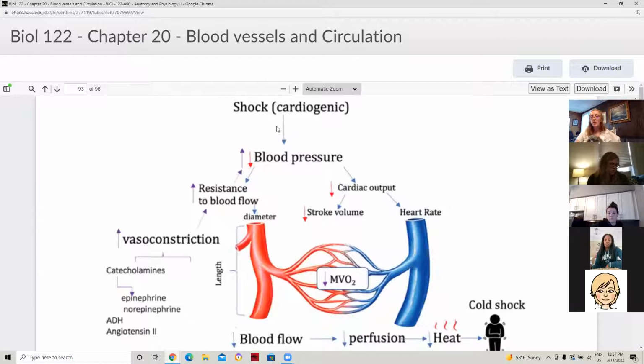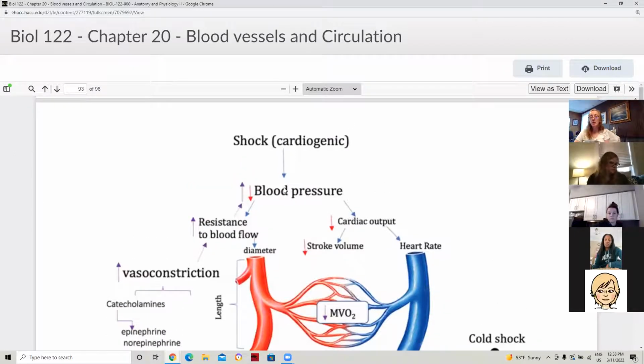So shock, blood pressure drops. Wait, bear with me here. Cardiac shock. Why did I put this in here? Let me see here. For shock to reverse it, blood pressure is going down, cardiac output is going down because stroke volume is going down.